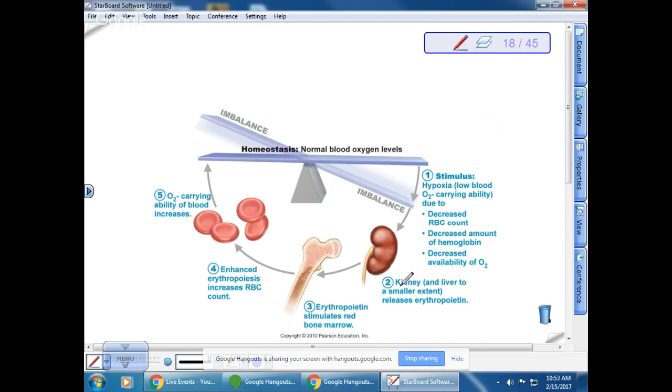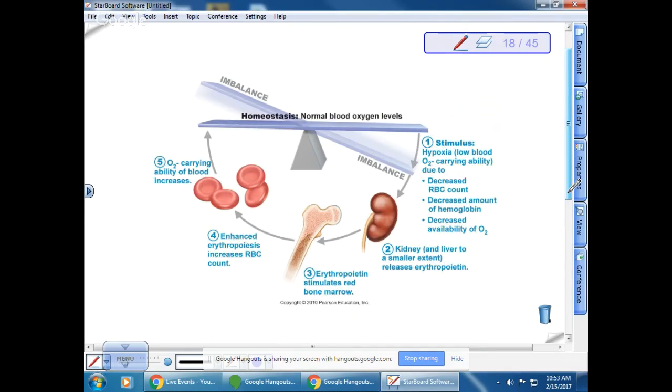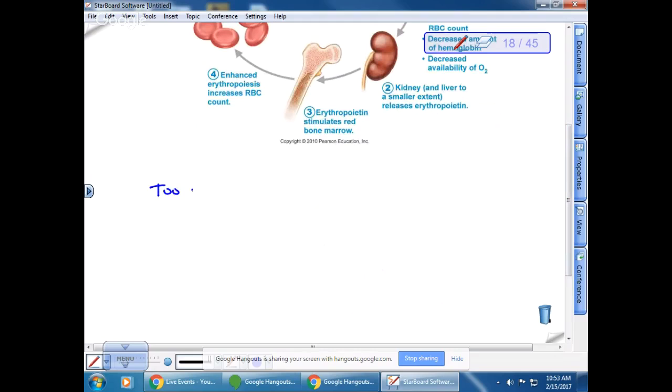Okay, so we could talk about if you have too much EPO. Right? And sometimes this is because athletes use synthetic EPO as a drug to boost performance, specifically aerobic performances like maybe long distance bicycling, long distance running.